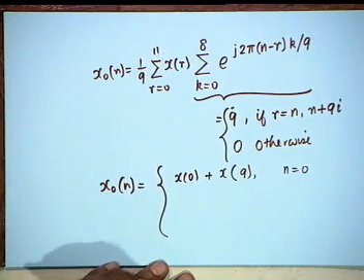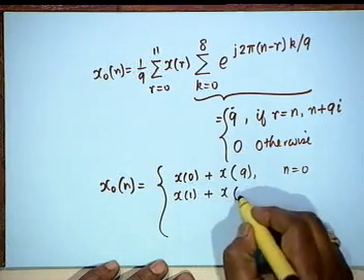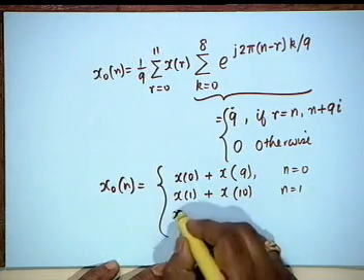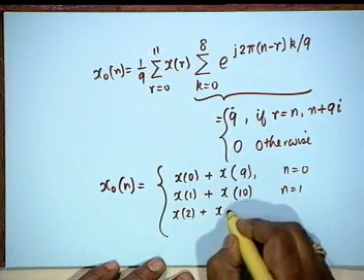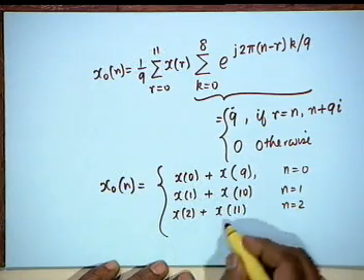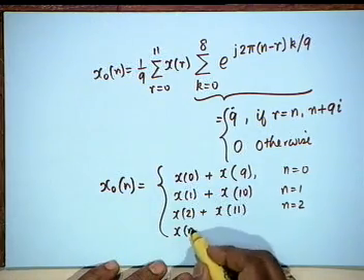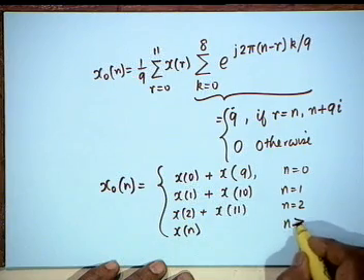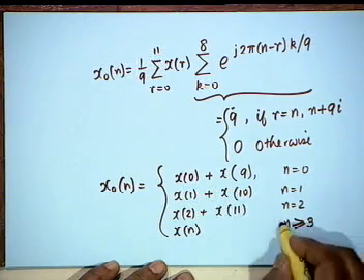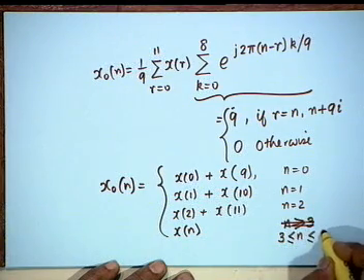For n equal to 1, I shall have x of 1 plus x of 10, very good. Then x of 2 plus x of 11, n equal to 2, and then I do not have an x of 12, and therefore this will be x of n for 3 less than or equal to n less than or equal to 11.